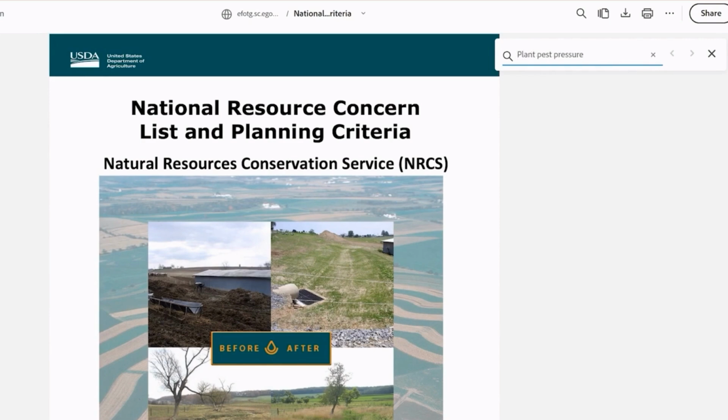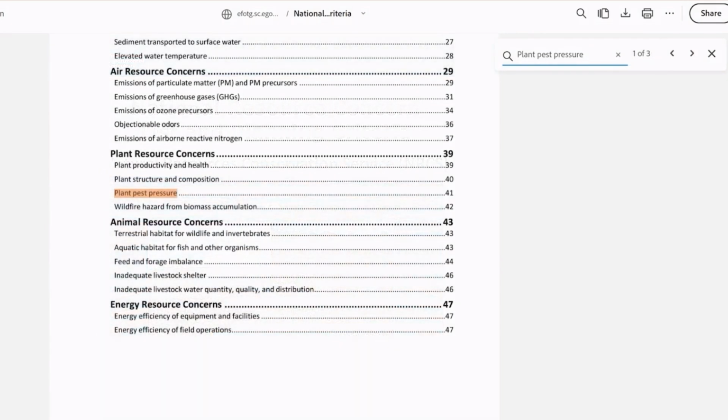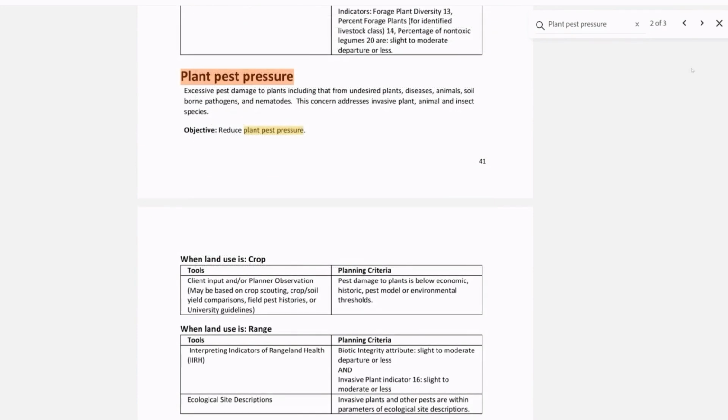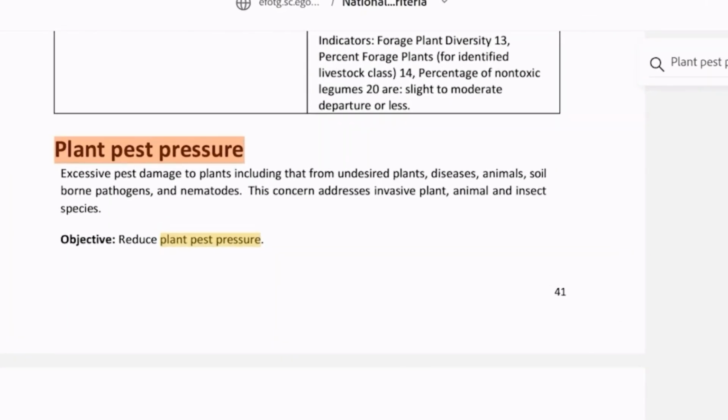He pressed Enter. Next, he pressed the arrow key until he was able to find which tool he needed to use for range. Under plant pest pressure, when the land use is range, one of the tools listed is Interpreting Indicators of Rangeland Health. Let's go back to our Interpreting Indicators of Rangeland Health evaluation form.